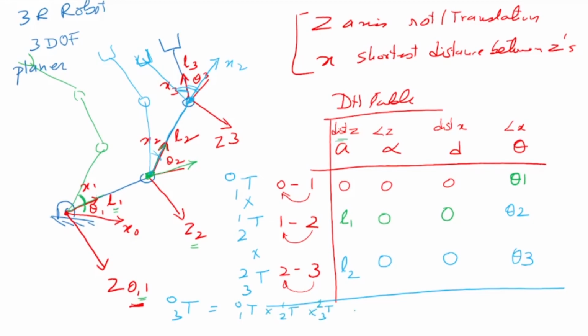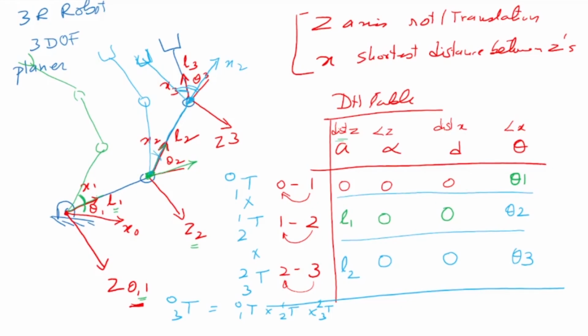Using these parameters, we'll make the transformation matrices, and once we make them, I'm going to multiply them out. So this is one example. Now you need to practice this by yourself. It is not confusing once you understand, but you need practice to really understand this carefully. So I would suggest that you please practice this properly.